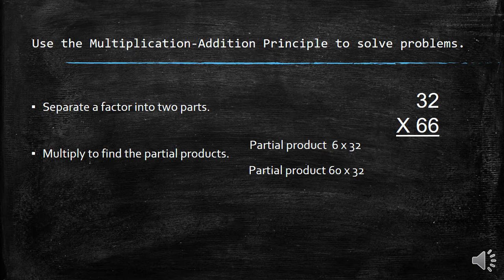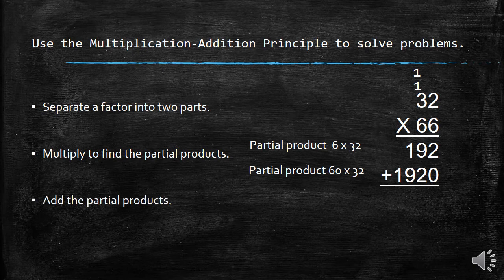Now we want to multiply to find the partial products. 6 times 32 is 192. 60 times 32, 1,920. And if we add those partial products together, we get 2,112.